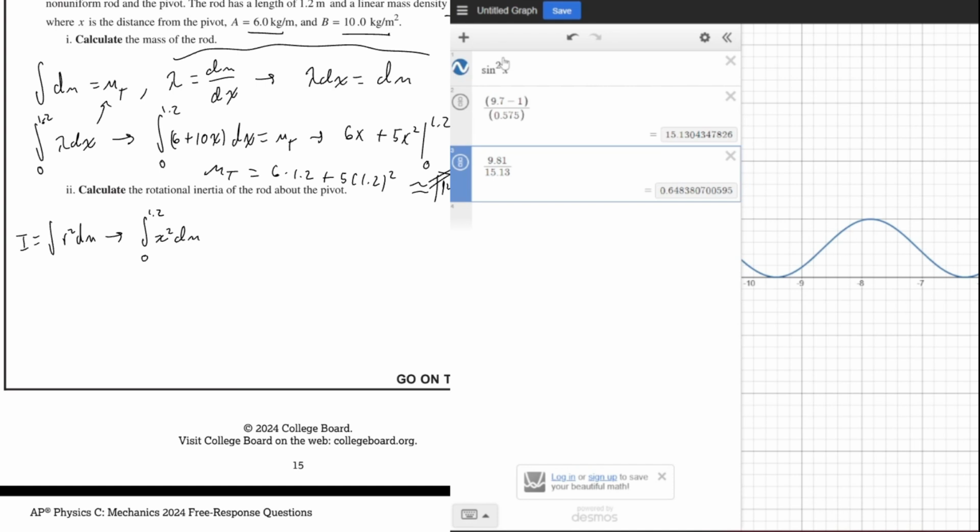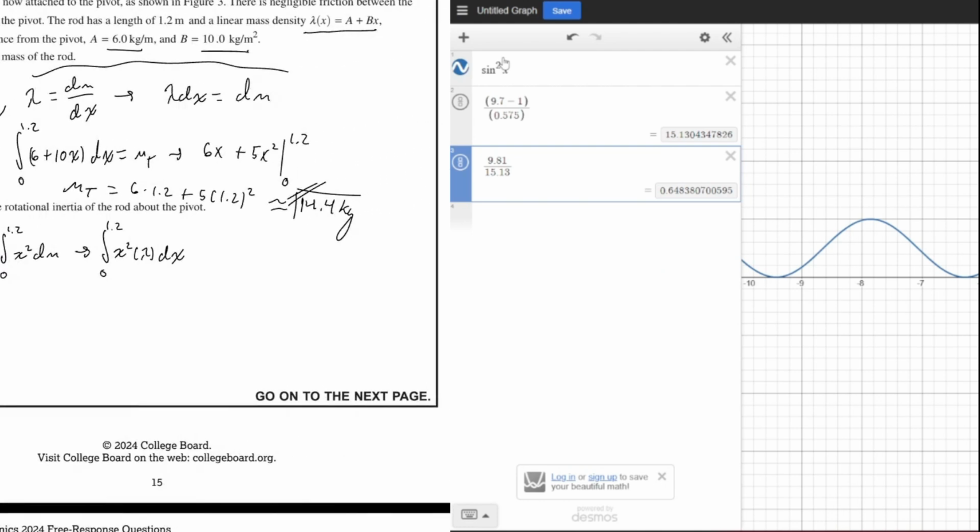I said earlier that dm was lambda dx, so I'm going to replace that again, times lambda times dx. Lambda is not a constant. It has x in it, so I'm going to have to sub in what I had for lambda. So the integral from 0 to 1.2 of x squared times 6 plus 10x dx.